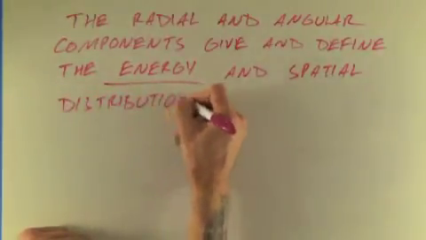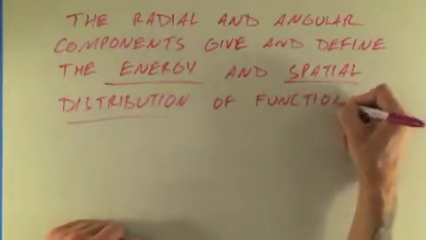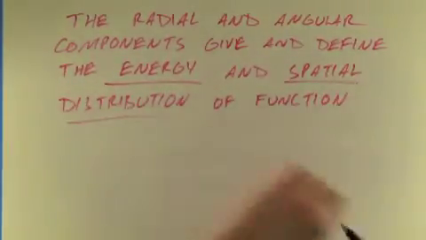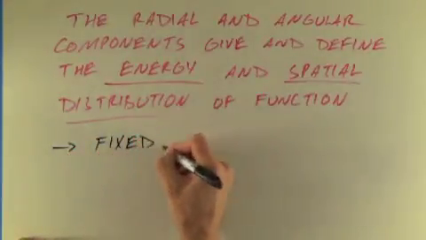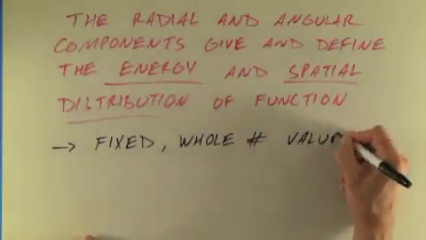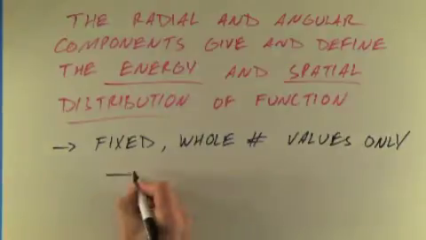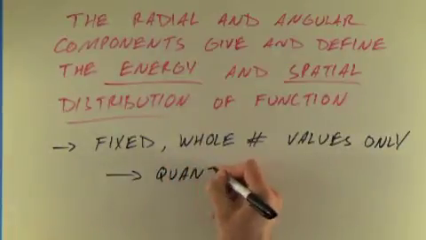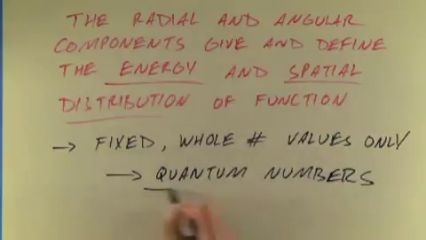They define where in space the electron can be found, where it's located in space, if you will. All right, now, what you get from that, just like with a standing wave, you get fixed whole number values for the energy. They are only allowed to be fixed whole number values, and from those, you get what are called quantum numbers. And we'll explain that later.